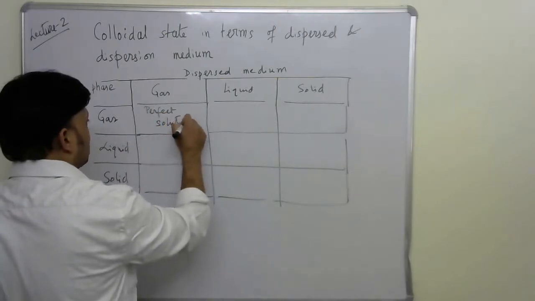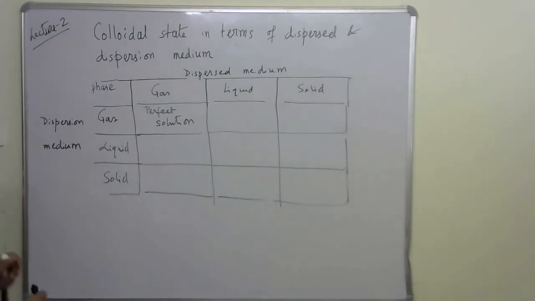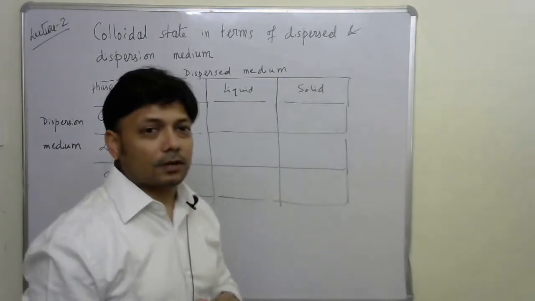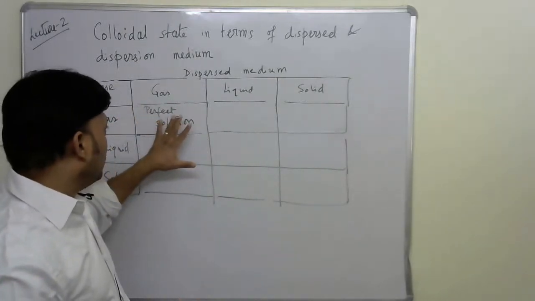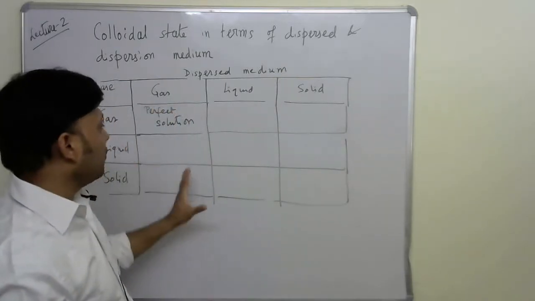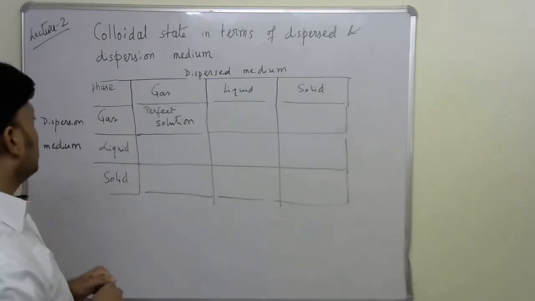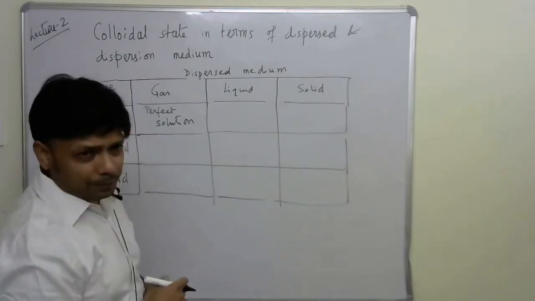In fact, when both the dispersed and dispersion mediums are gaseous, we cannot form a colloidal state. So one was taken out of those 9, so we have 8 colloidal states. Now let's move on to the next one.